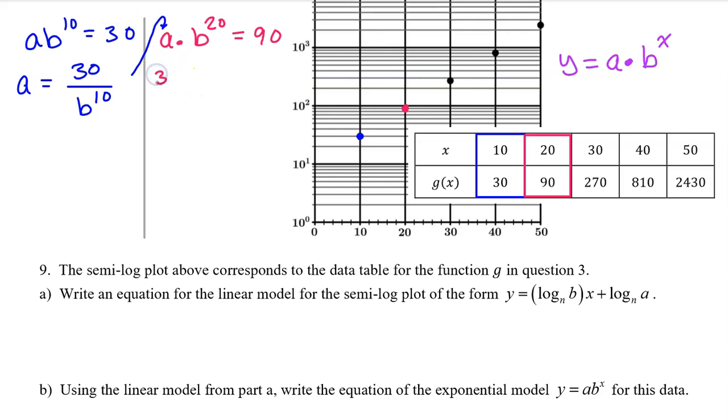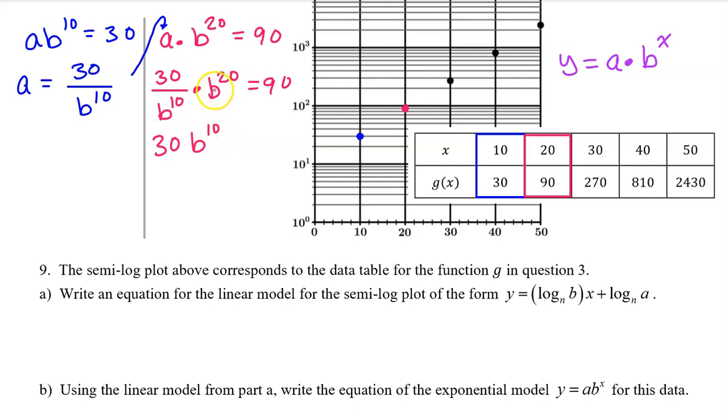So we get 30 over b to the 10th power times b to the 20th power is equal to 90. The b to the 10th power in the denominator will cancel out 10 of the b's in the numerator. So on the next step, we will have 30 times b to the 10th power.